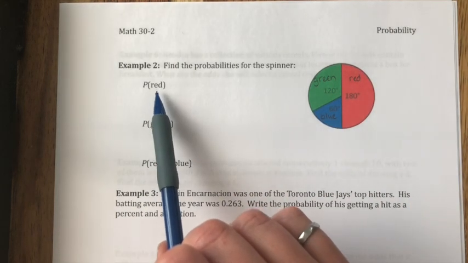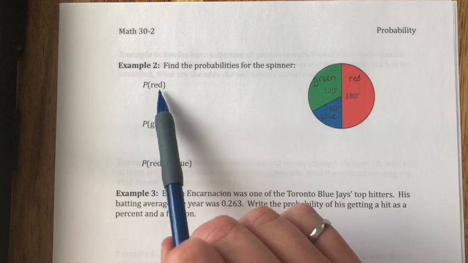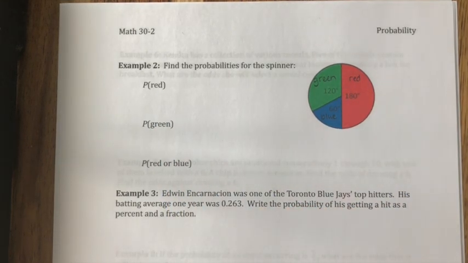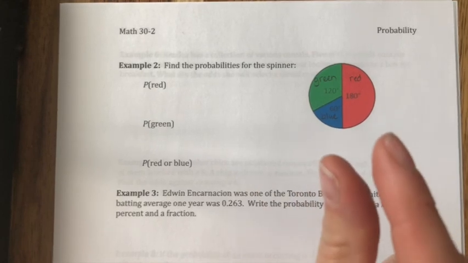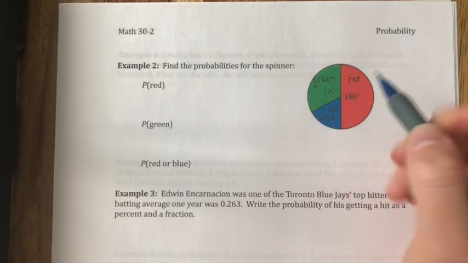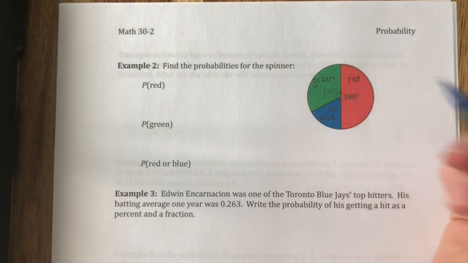So the probability of red, we're gonna do this in terms of degrees, okay? So there's 360 different degrees. Remember, a degree is that like little tiny segment, right? So there's 360 all the way around the circle, right? So that whole rotation would be 360 degrees.